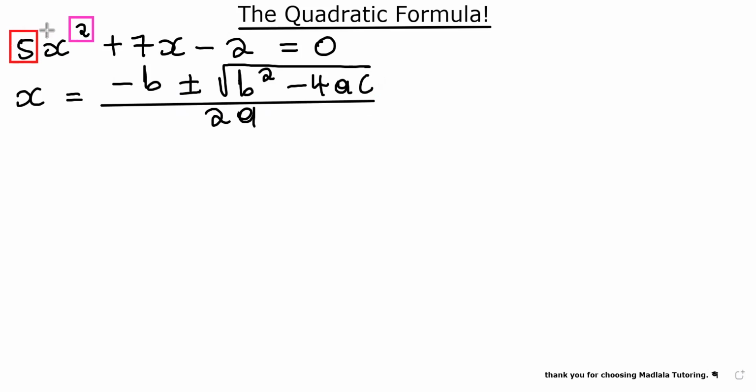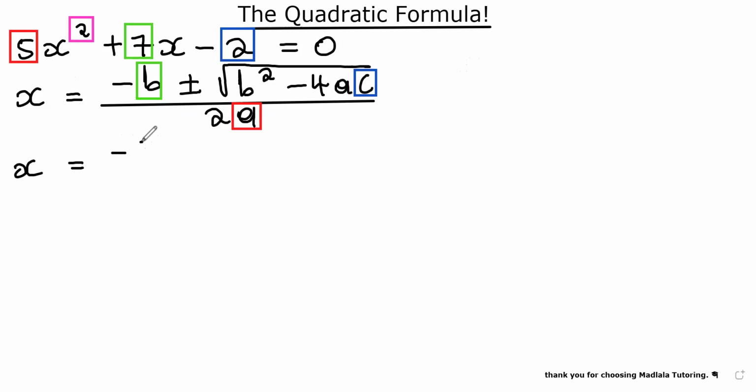Well, this 5 that you see here is actually a, and this 7 that you see here is actually b. And of course, the 2 that you see here is just going to be c. It's a constant.